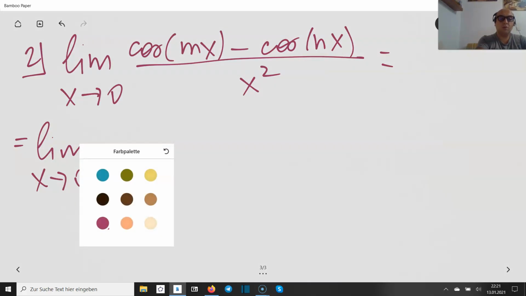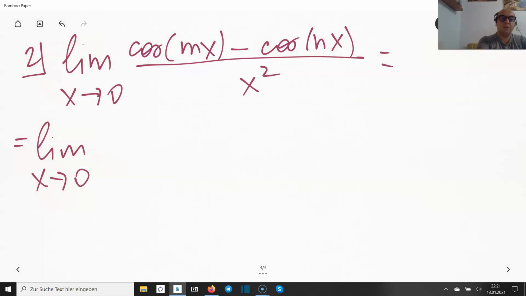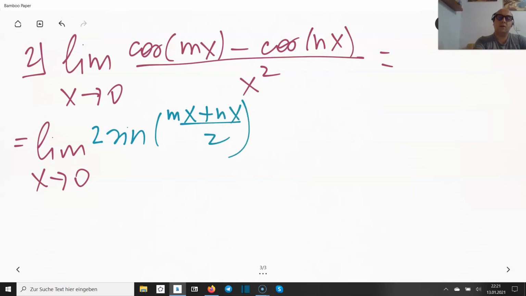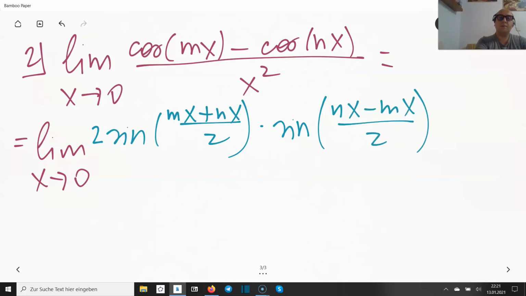So x towards 0, we have, now you see, 2 sine of (mx plus nx) divided by 2. And now we are having here, it was times sine of, and now I switch the order once again, (nx minus mx) divided by 2, again divided over x squared.